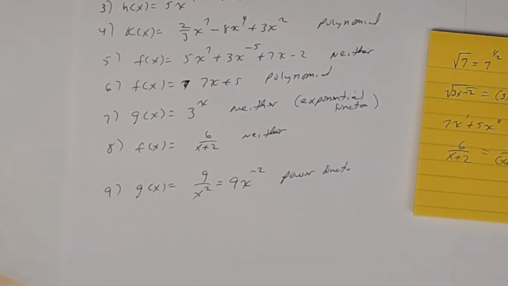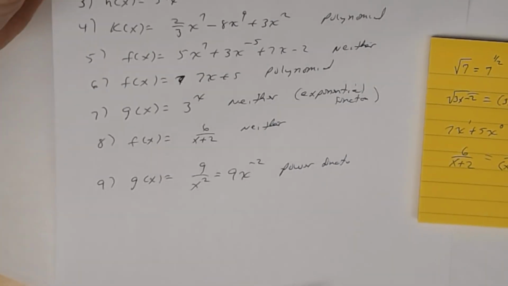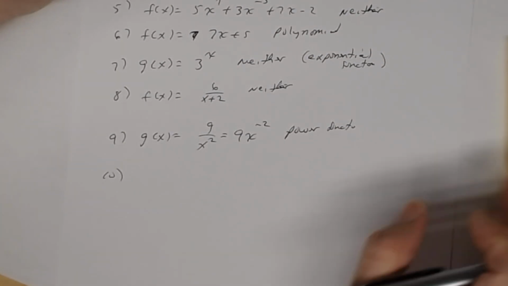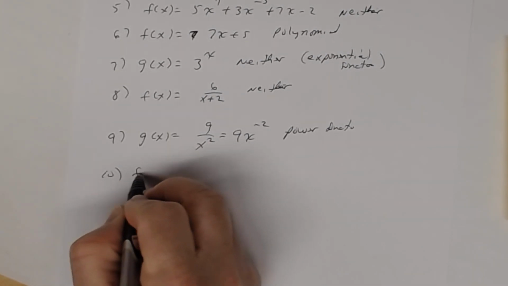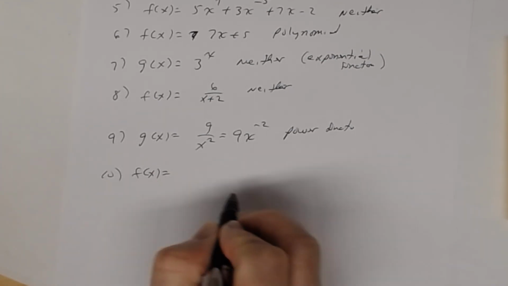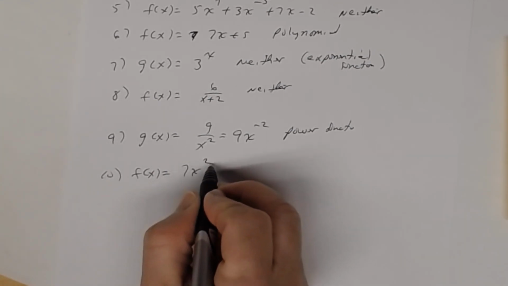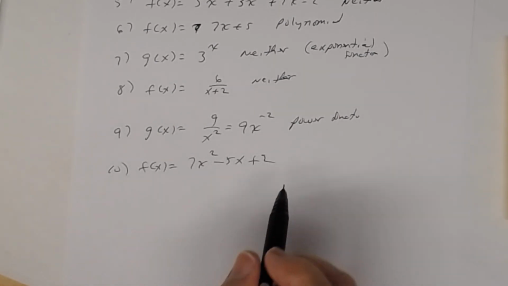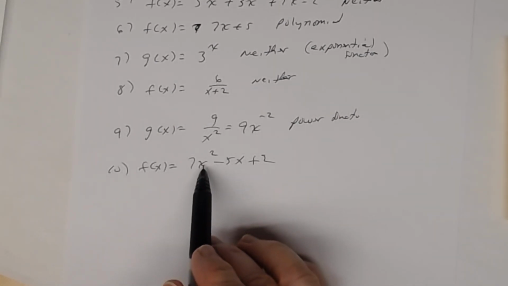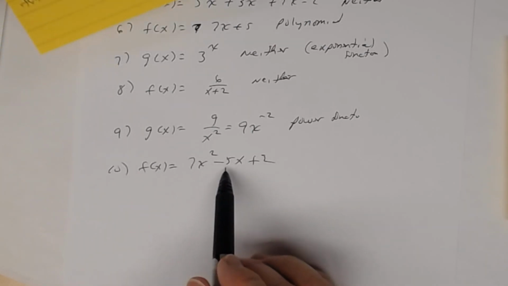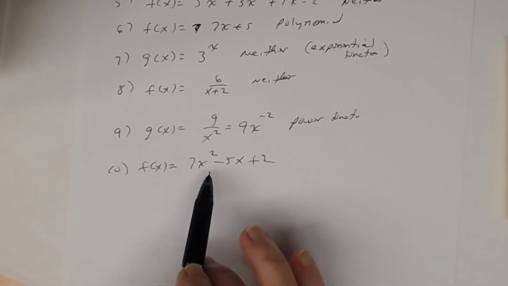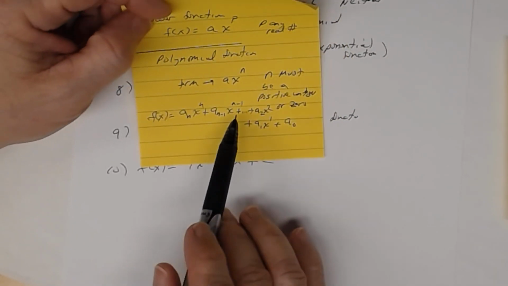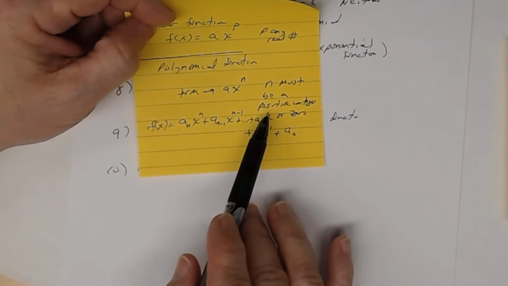All right, number 10, the last one. Okay, so let's do number 10. So number 10, I have f of x equals 7x squared minus 5x plus 2. All right, and so notice that obviously it's not a power function, right? Because you have more than one term, but in each of those terms, the exponent is a positive integer or 0.